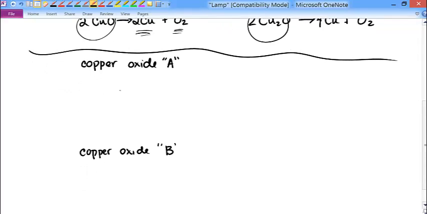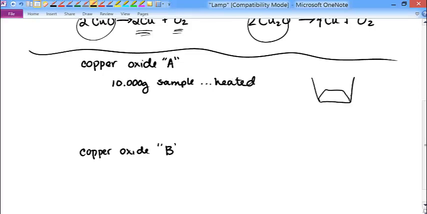So if you had copper oxide A, let's say that we started with a 10-gram sample. And let's say it was heated up and it decomposed. And in the end, what you had in your flask, because you started with this sample, the oxygen left. And so what remained in your sample was just copper.